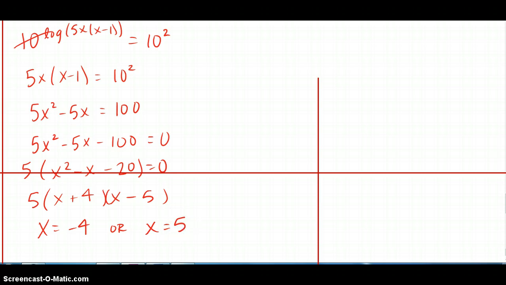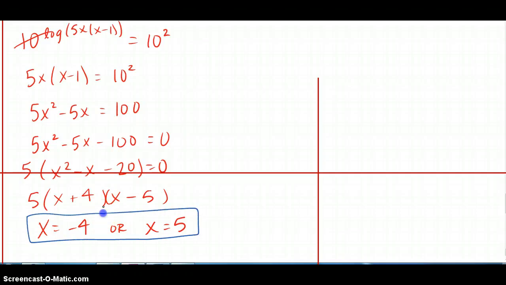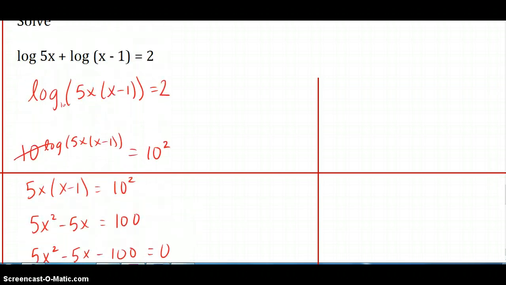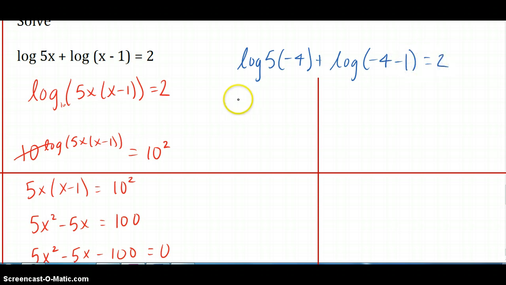So to check which one, or if we have extraneous solutions, you're going to plug these into the original equation to see if either of them are extraneous. So if I scroll back up, first let's plug in -4. So we have log of 5 times -4 plus log of -4 minus 1 equals 2.